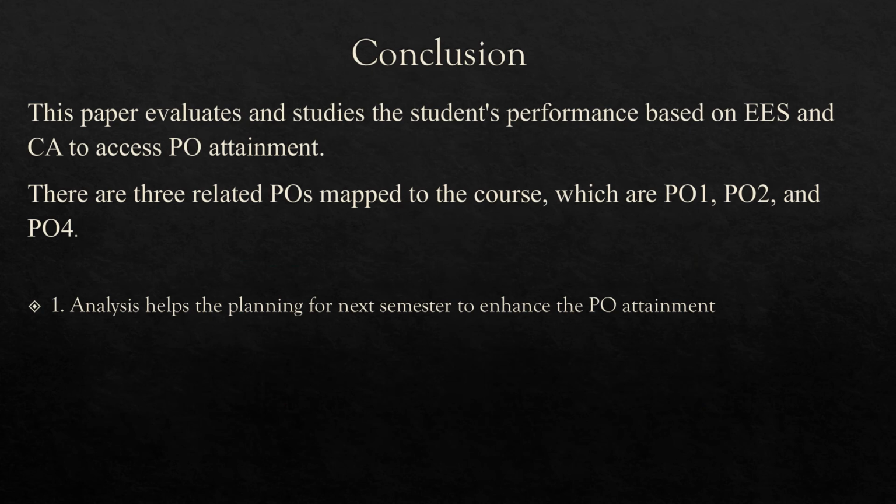As a conclusion, this paper evaluates and studies the student performance based on entrance exit survey and continuous assessment to assess the PO attainment. There are 3 related POs mapped to the course, which are PO1, PO2 and PO4. From the project, the analysis will help the LIC for the next semester to plan to enhance the unachieved PO.